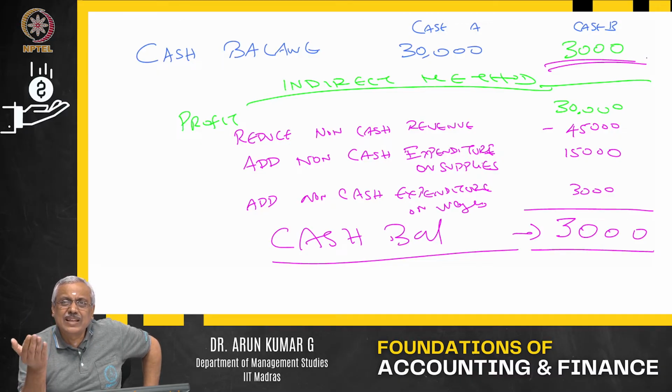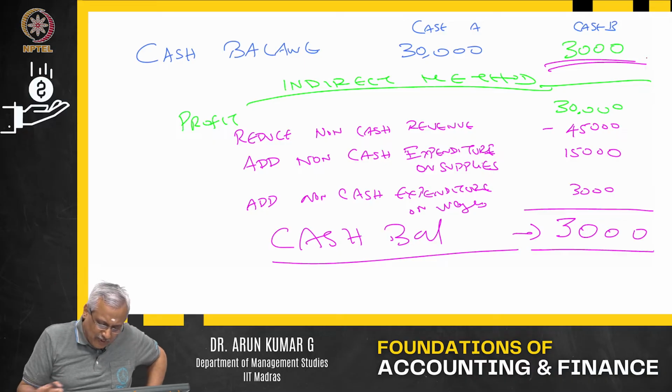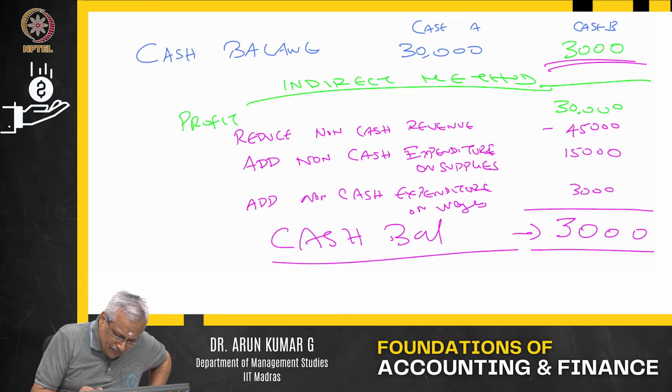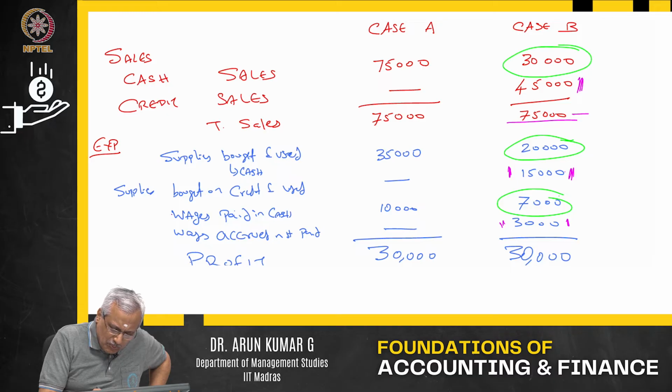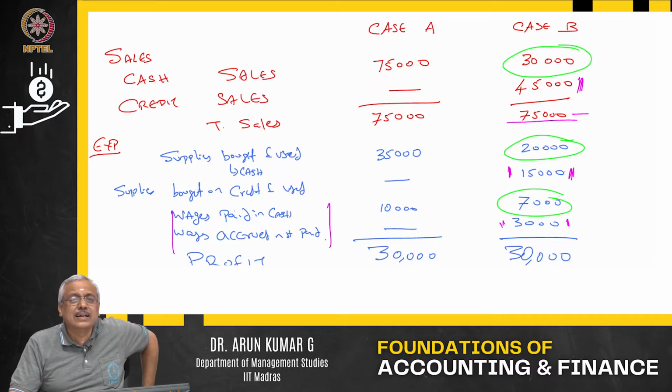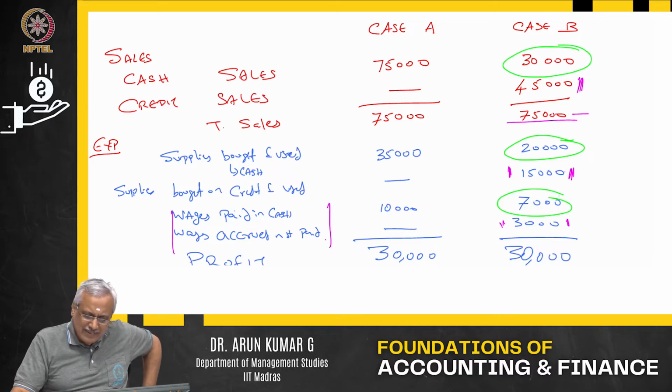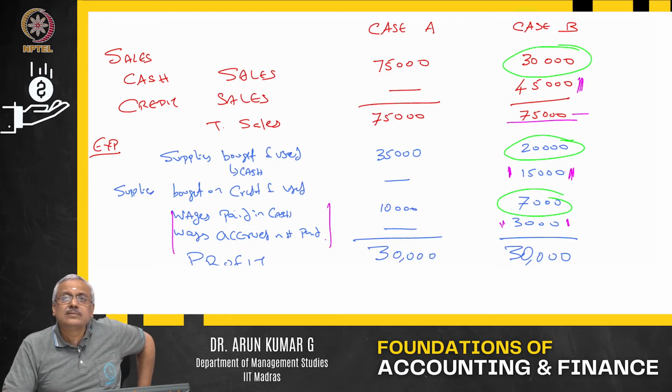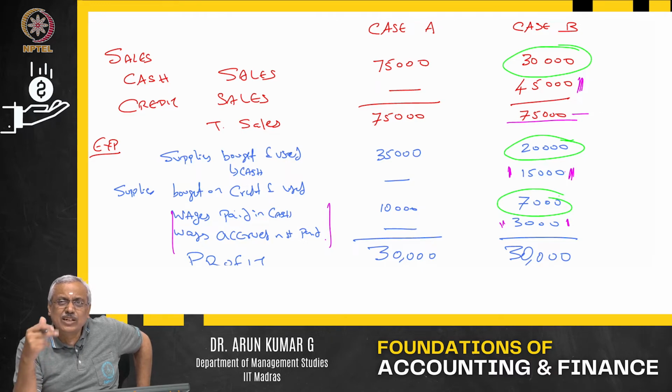Now there is wages paid 50,000. Now what is due still? Normally I will say wages 10,000. You go to the balance sheet and see wages still due 3,000.